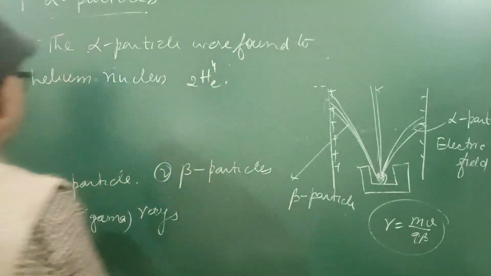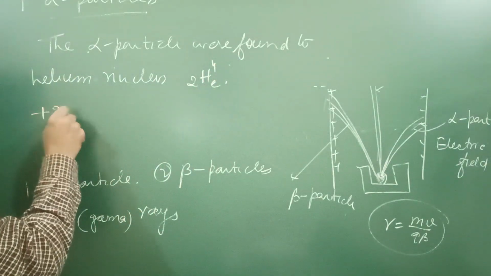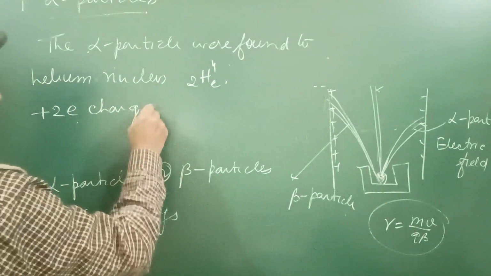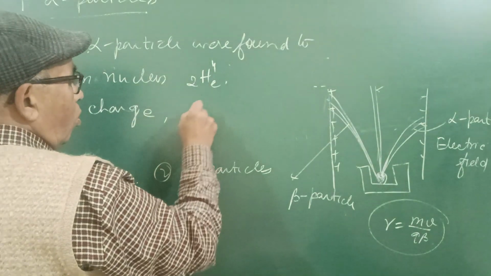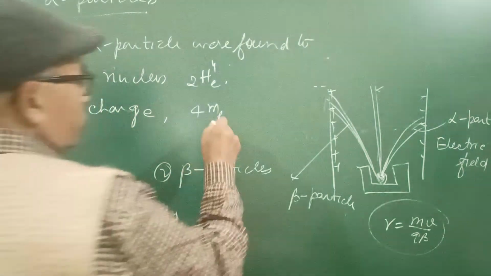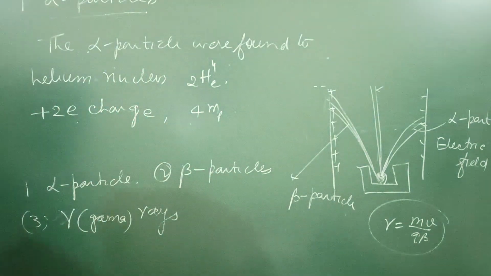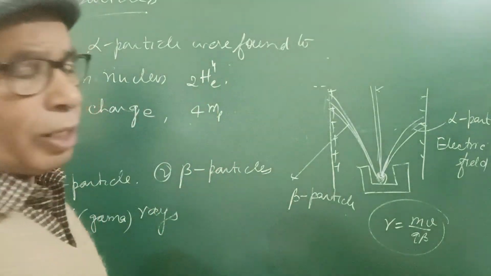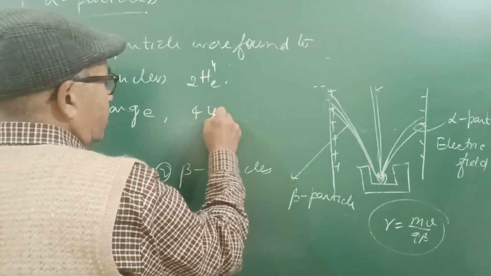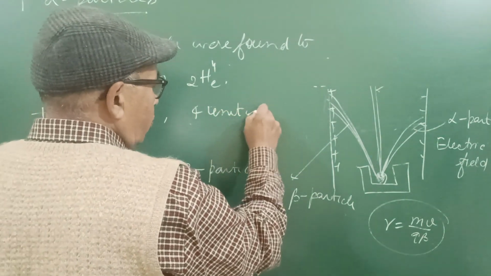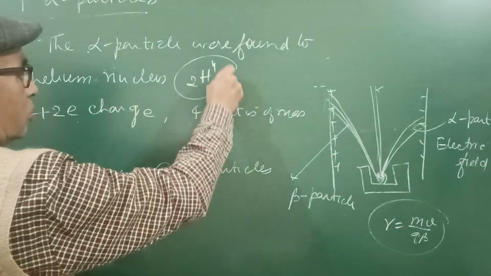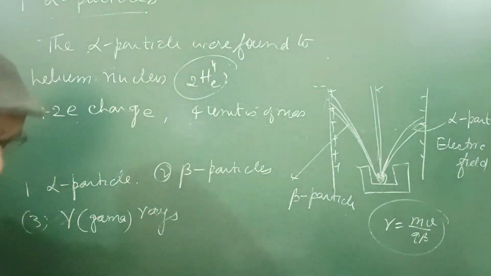It means plus 2e charge, where e is the magnitude of the charge of an electron, and nearly 4 mp, the mass of 4 protons nearly, because 2 protons and 2 neutrons are present inside the nucleus. So we can write here 4 units of mass. Helium nucleus has 2 protons, 2 neutrons.